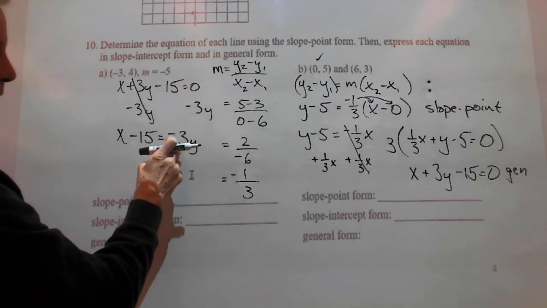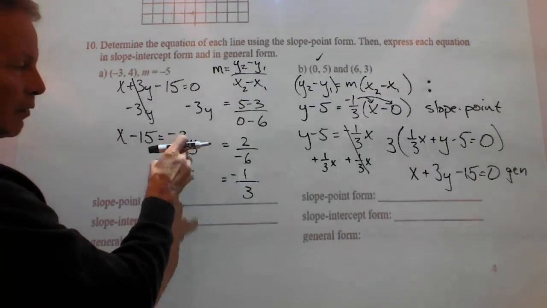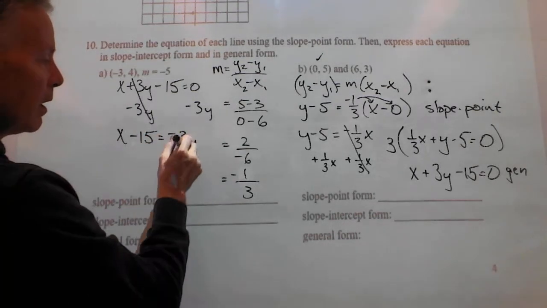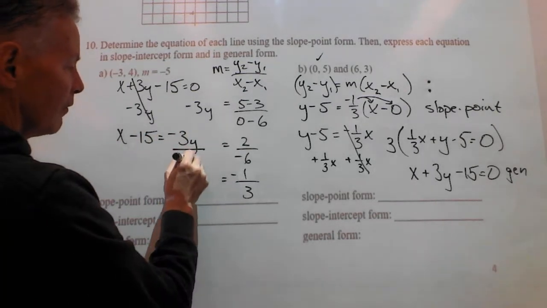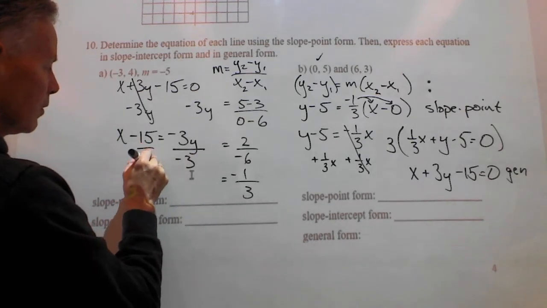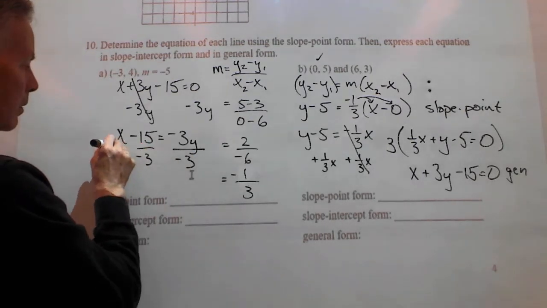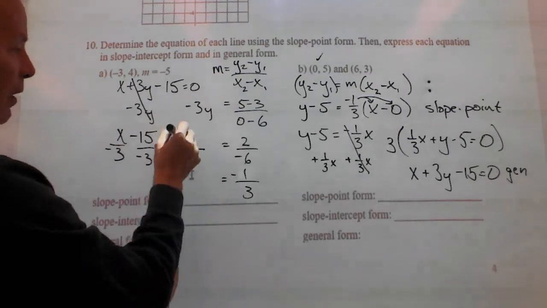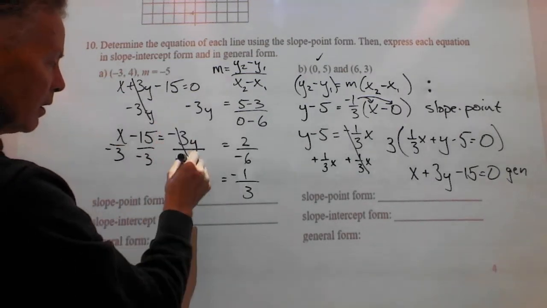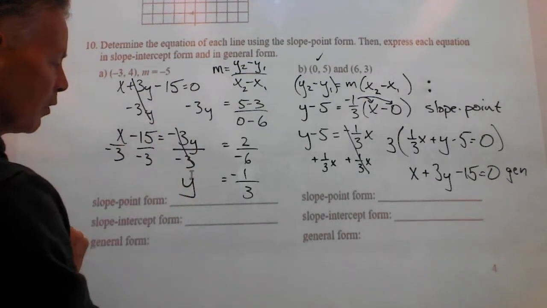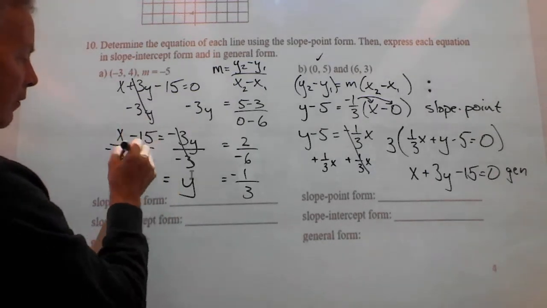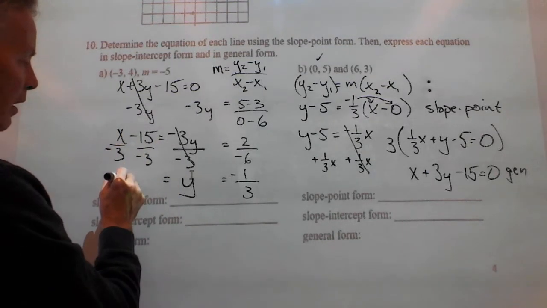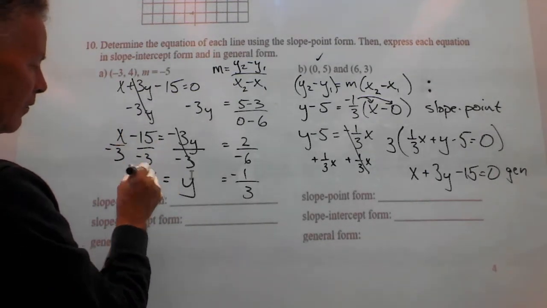And then my last step, I want to get rid of that negative 3. I want to break it apart from the y. So I'm going to divide everything by negative 3. What does that give me? Well, negative 3 divided by negative 3 is 1. That leaves me with y. Negative 15 divided by negative 3 is positive 5.